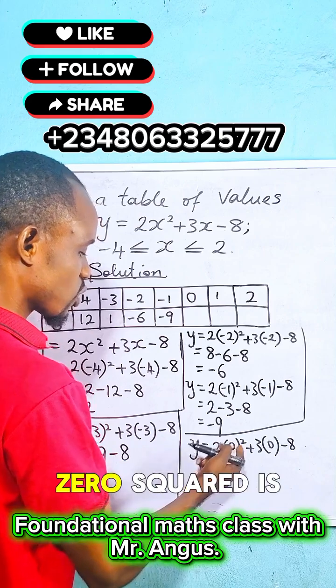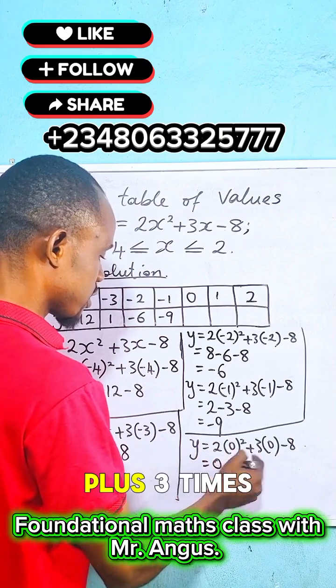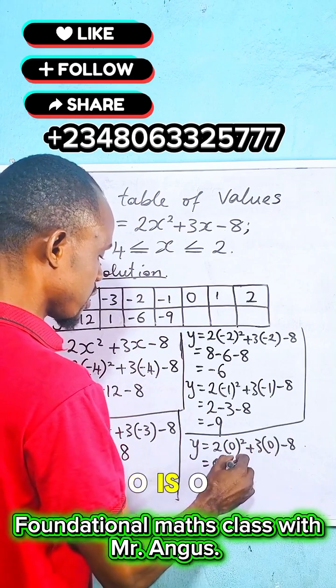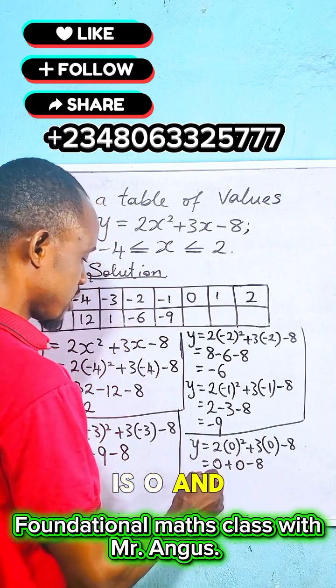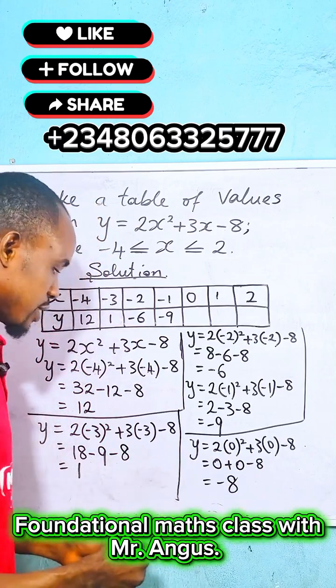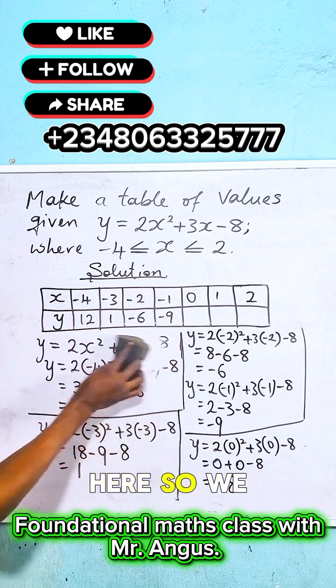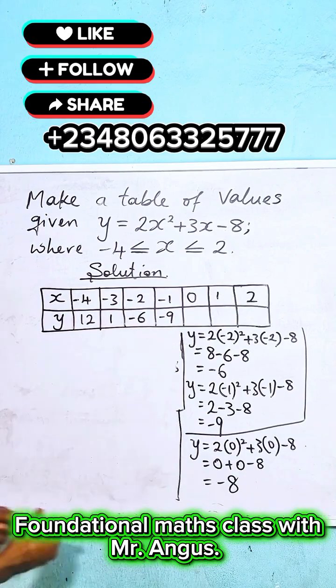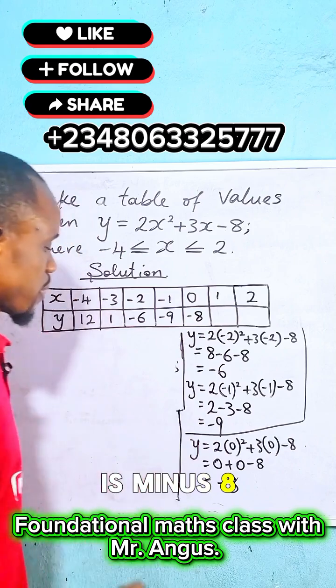But let's continue. 0 squared is 0. 0 times 2 is 0. Plus 3 times 0 is 0, and then minus 8. 0 plus 0 is 0, and 0 minus 8 will give us minus 8. So let's wipe here so we can continue. So the value of y here is minus 8.